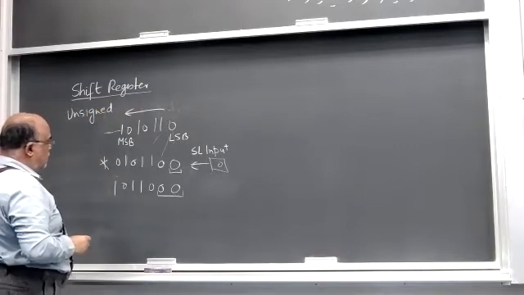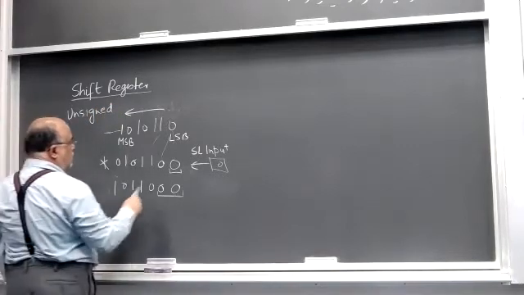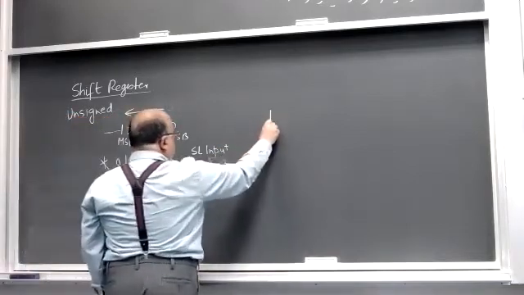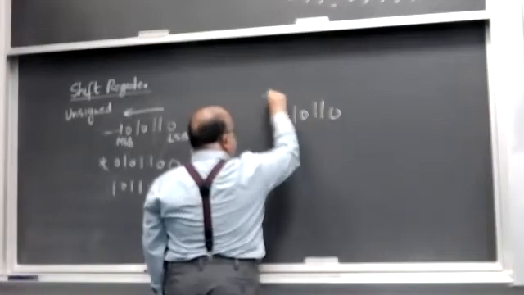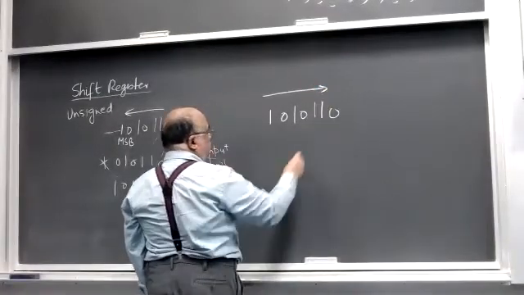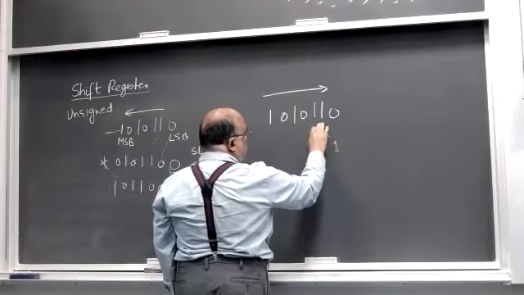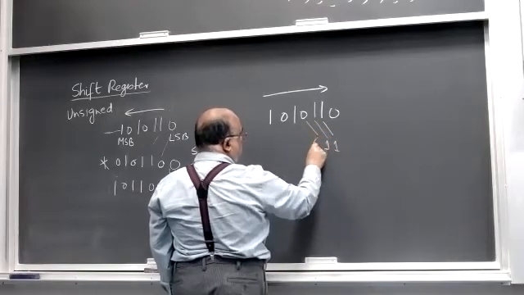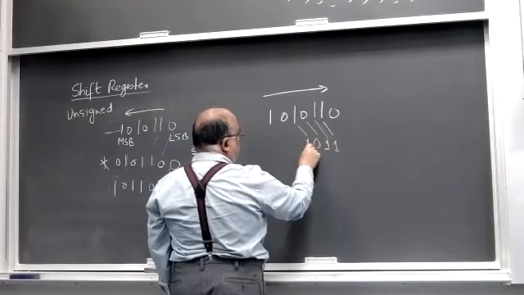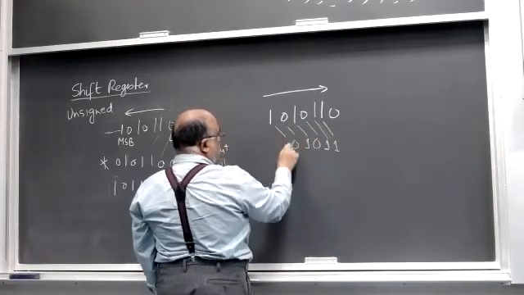Unsigned shift right. In that case, this number 1, 0, 1, 0, 1, 1, 0, when it is shifted right, this one comes over here, this one comes over here, this 0 comes over here, this one comes over here, this 0 comes over here, this one comes over here.